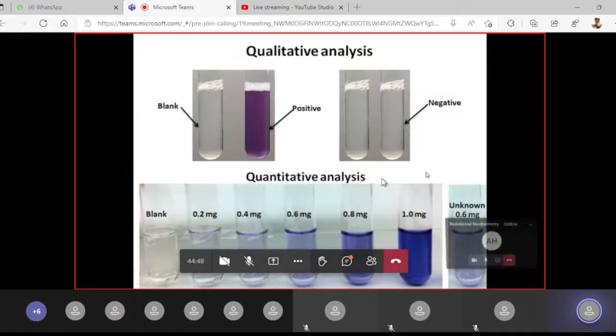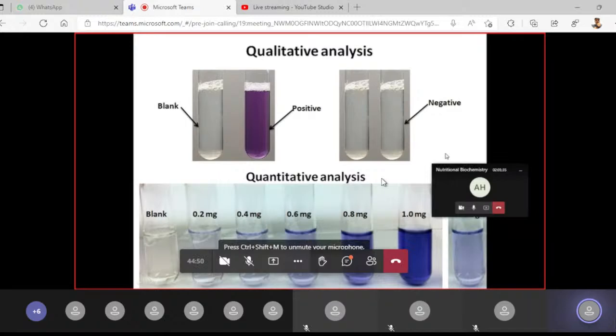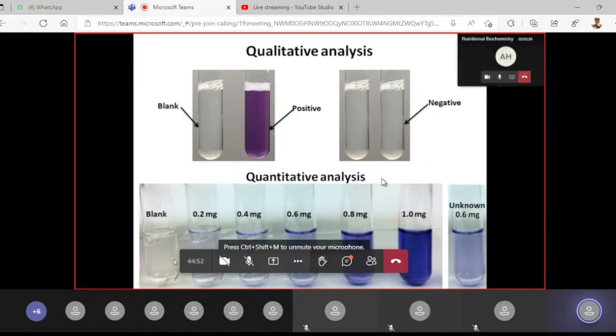So what have you done here? This is how you do the assay. You will take samples of different concentrations and you take your unknown sample where you don't know the concentration, and you add a reagent that can form a colored solution. You check the intensity of the color and compare the intensity of the unknown color with the standard and tell how much is present in your unknown.